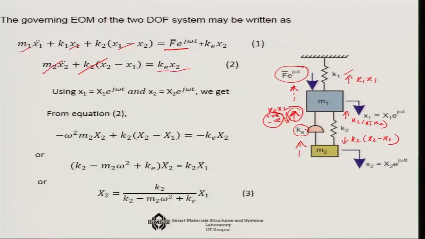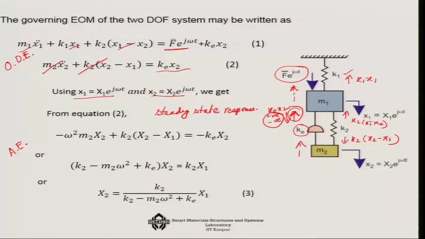Now, we can put x1 as x1 e raised to the power j omega t, x2 as x2 e raised to the power j omega t, just to get the steady state response, because we are converting the ODEs, just like last time, into algebraic equations. So, these are ODEs, ordinary differential equations, and we are converting them to algebraic equations.